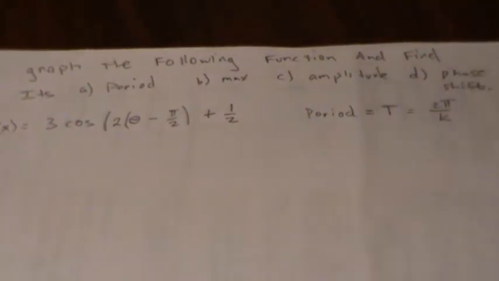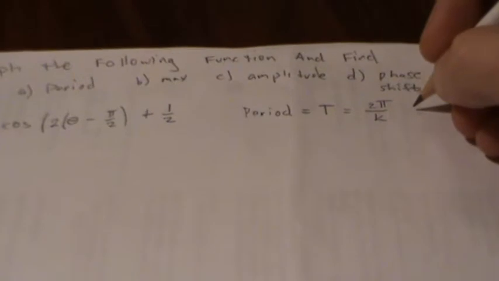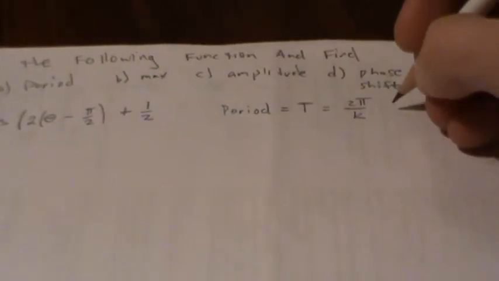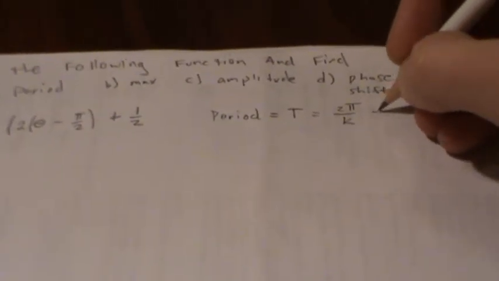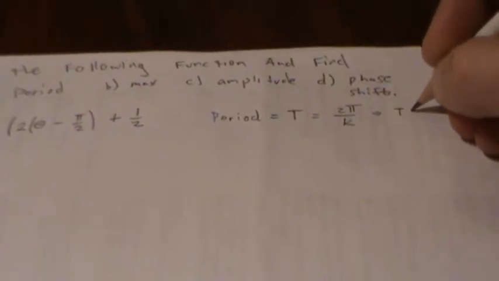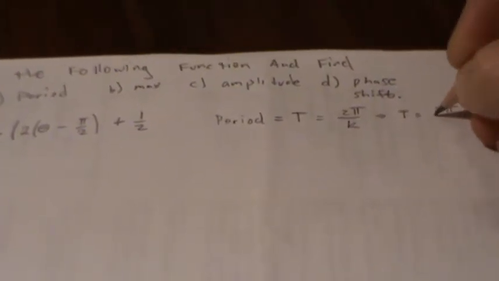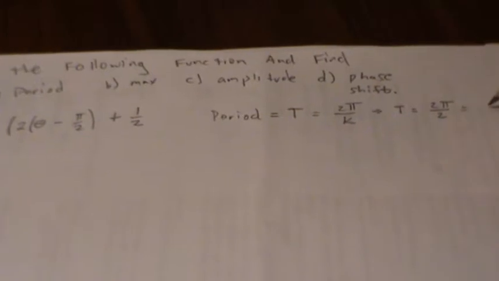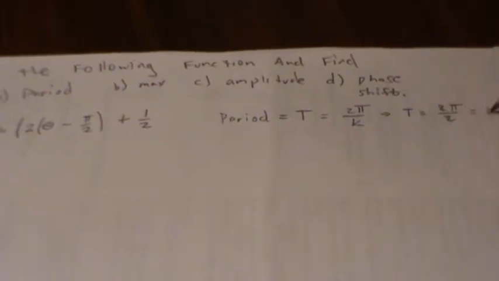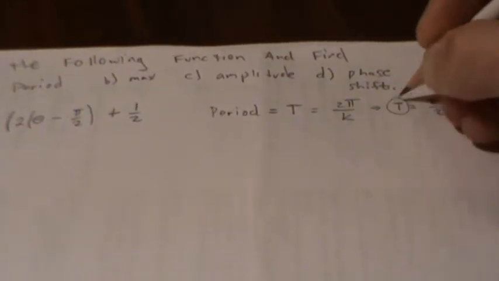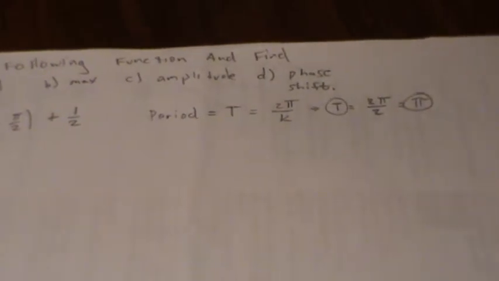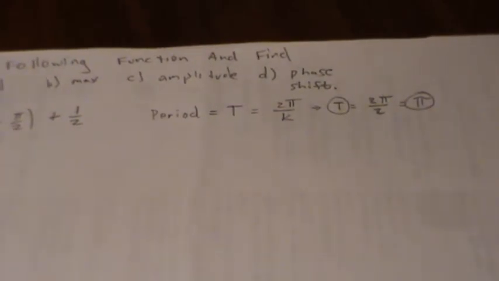If I look at my equation, my k value is 2, and so the period must be 2 pi over 2, or just pi. So the period is pi.